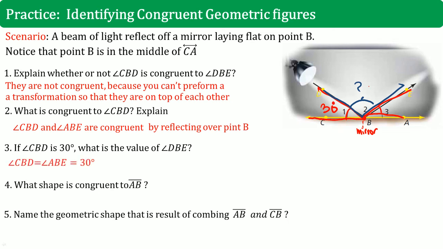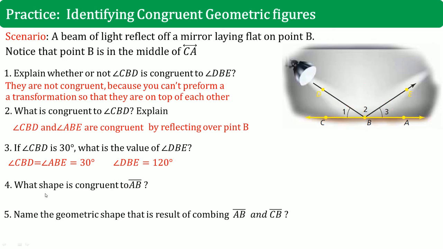So notice that angle CBD was 30 degrees, and we know from question 2 that angle ABE is also 30 degrees. Okay, so we need to know what is left. Understand that a line is 180 degrees. Okay, so we know 30 and 30 make 60. So what is left? This has to be 120. That is what's left.